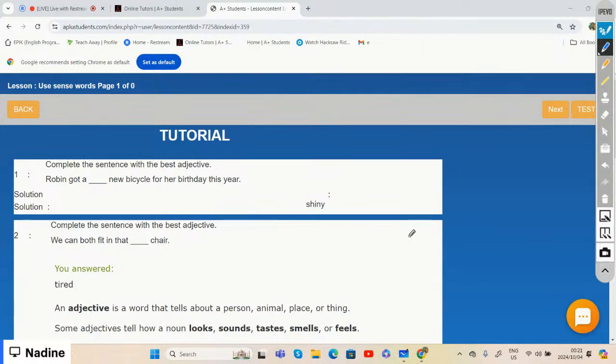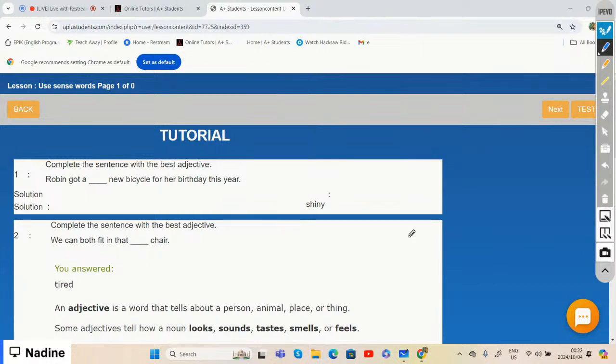So we don't need to show or say how this bicycle looks, this new one. We're describing it based on looks, or cleanliness or something.